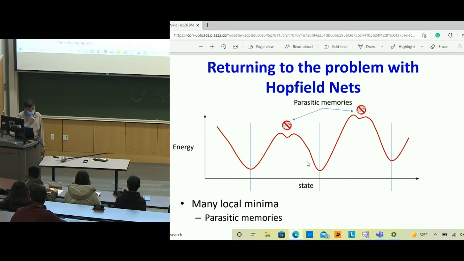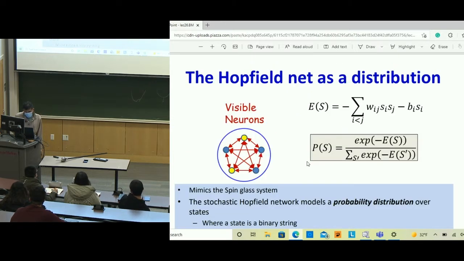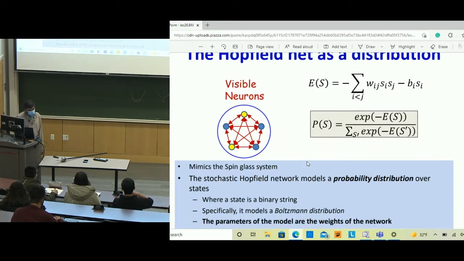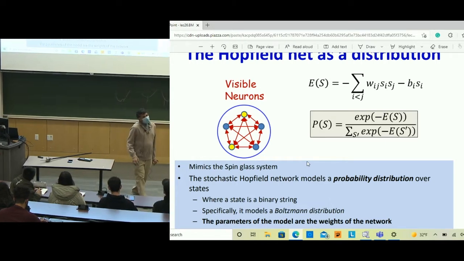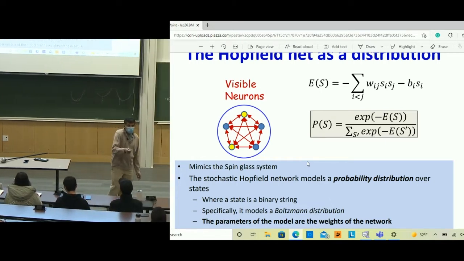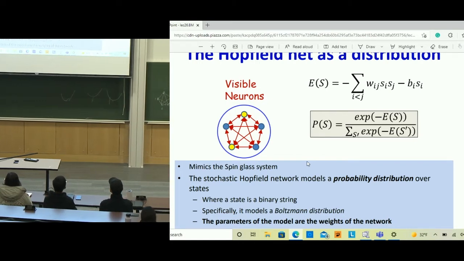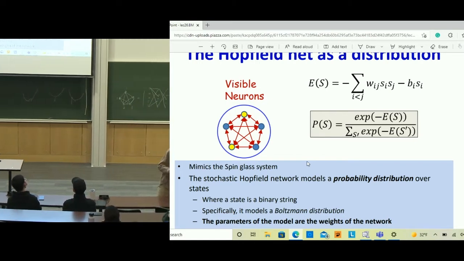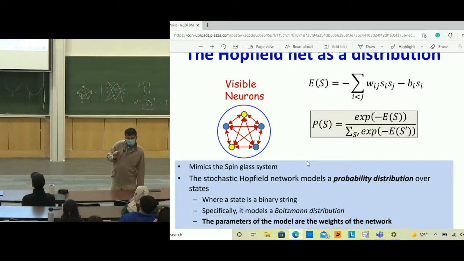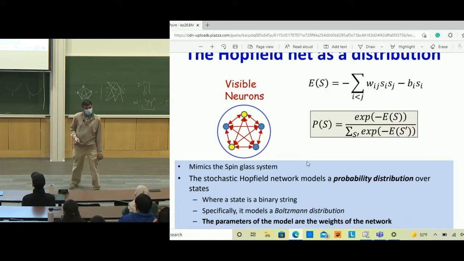We want to escape these minima. So instead of just having a deterministic situation where it deterministically keeps going down towards lower and lower energies, let's model physics again a little more and associate with every state a probability which is given by the Gibbs distribution. So the probability of any state, we've defined the energy of the state. This is the same energy as before, right?